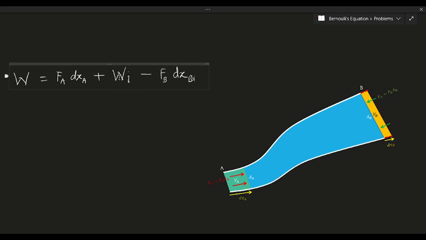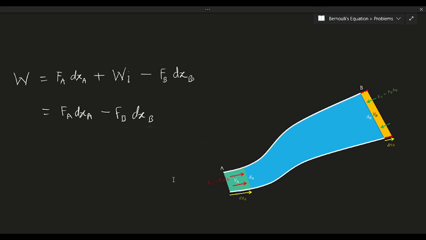As already discussed, this internal work, or the works on the liquid elements due to internal forces, altogether vanish because the works due to the internal forces cancel out pairwise. So we have work equal to Fa dxa minus Fb dxb. This is the total work done in the process where the entire mass of the liquid inside the pipe has flowed for a time dt.